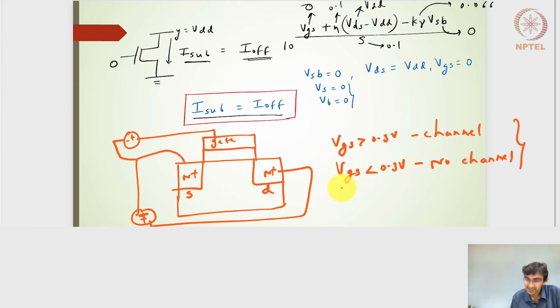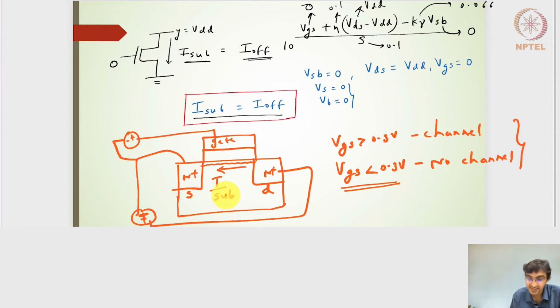But when the channel is not there, that is, when the VGS value is below 0.3, below the threshold voltage, also called the subthreshold region, we will still have some kind of current flowing from the drain to source. We call this the subthreshold leakage current.